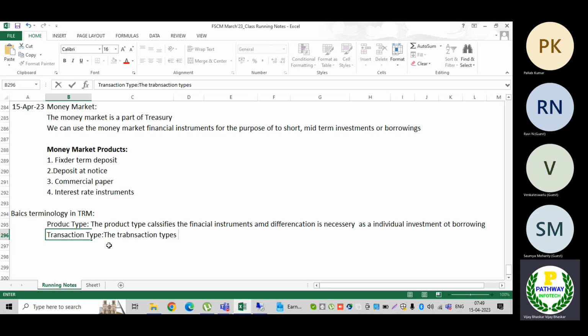The transaction types are defined with respect to the product type, and it will be subdivided again. The product type is subdivided by the transaction type.